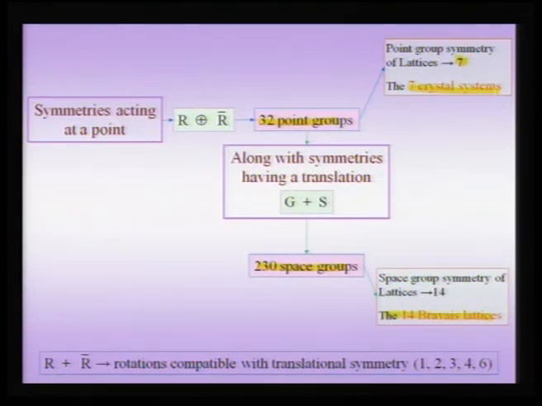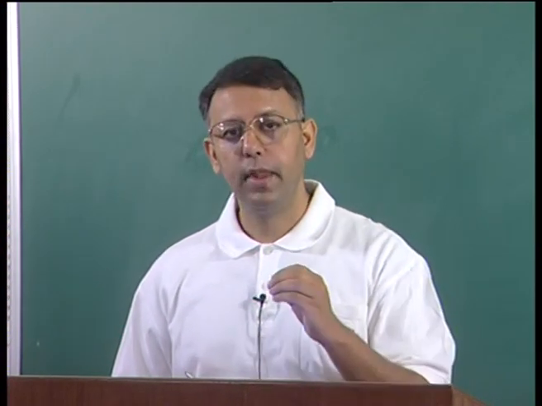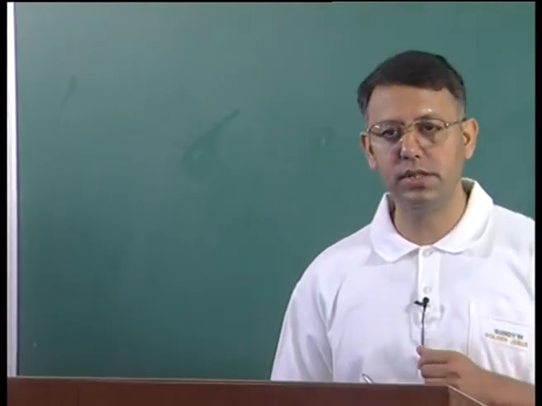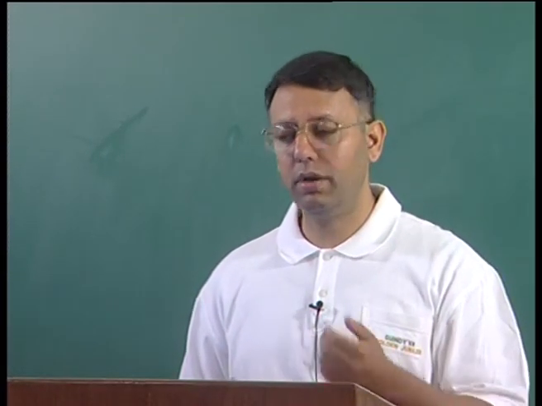Similarly, suppose I am talking about allowed combinations of symmetry operators which involve translation, then I land up with the 230 space groups, and out of those, if I am only considering those which are compatible with lattices, then I land up with the number 14, which are known as the 14 Bravais lattices. Of course, one could land up with the 14 Bravais lattices, as we shall see, by purely considering translations.